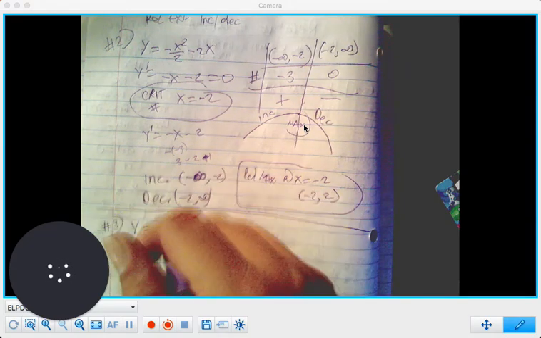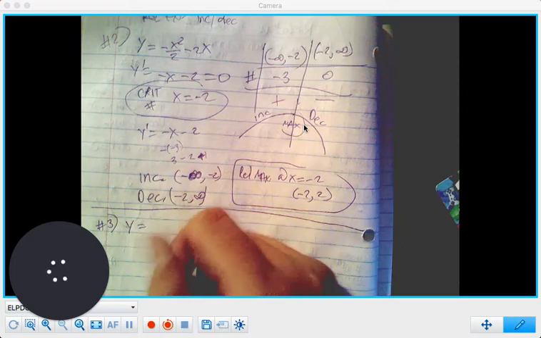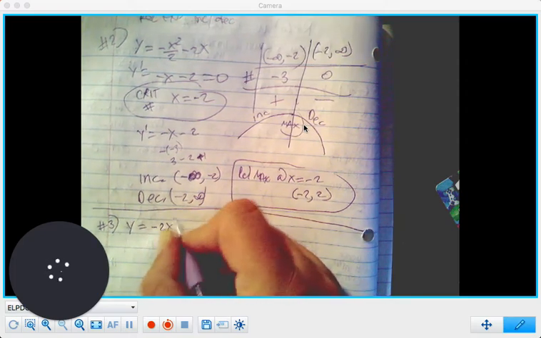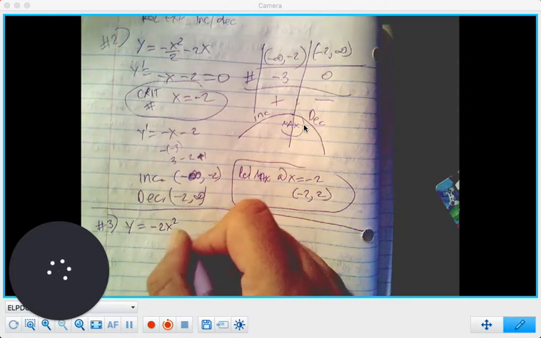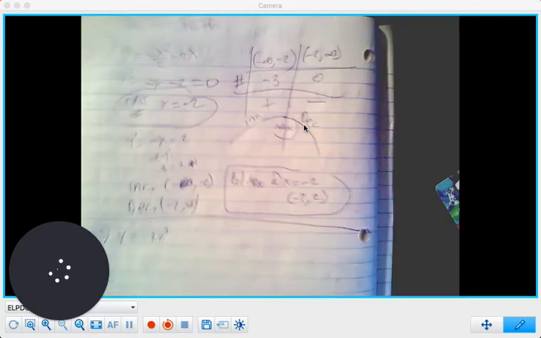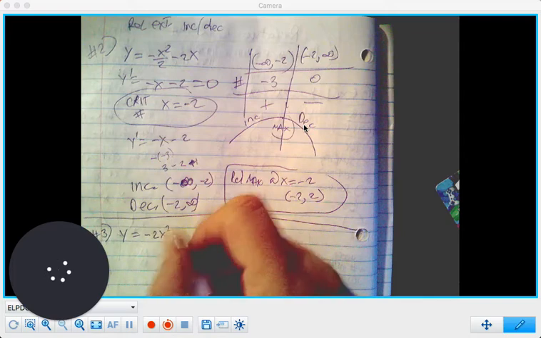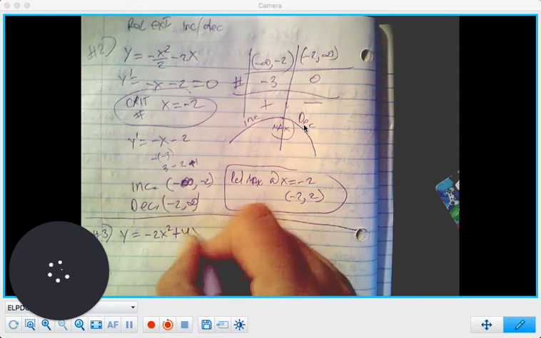No, I don't have a cube. Okay, let's do this one. I have negative 2x squared. Is that the one we did? No. Oh, it's close. Negative 2x squared plus 4x minus 4.